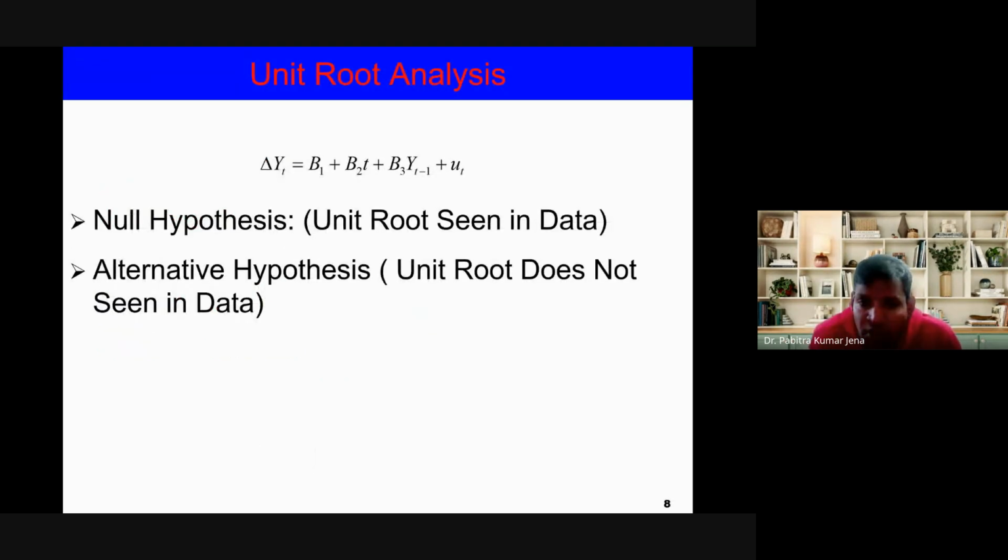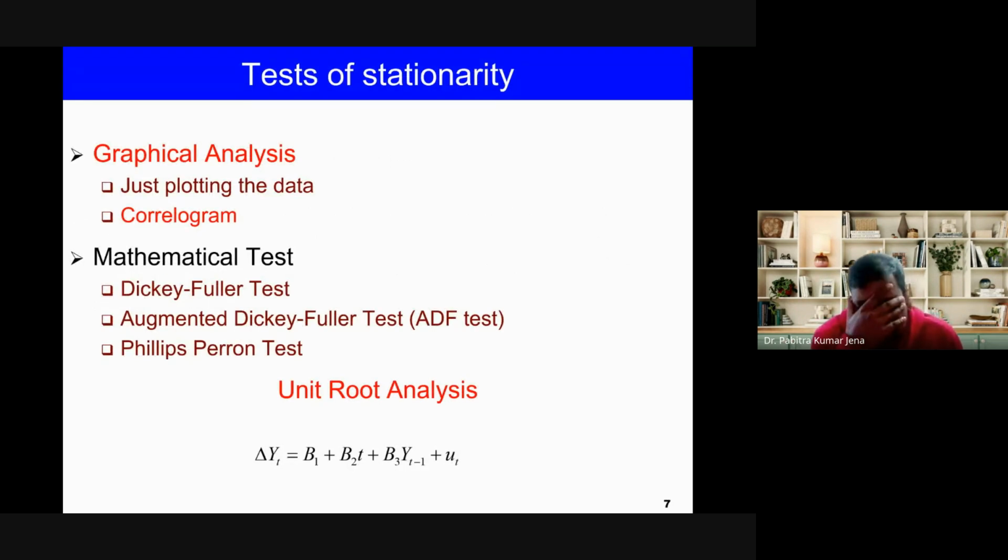Okay. So the next assumption of OLS is that the number of observations should be greater than the number of variables. This is where the problem of degrees of freedom arises. If there are more degrees of freedom, your result will be more robust.